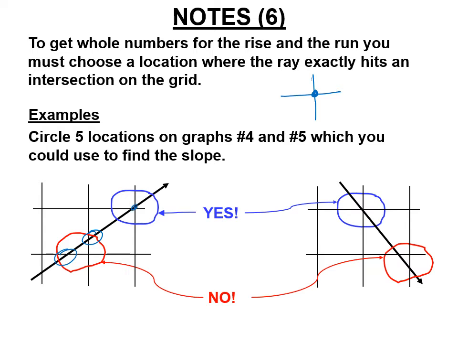We're looking for where our ray hits an intersection. That's where we can draw the vertices of our right triangle, our ramp. Now later in the class, we'll have ones that go down, right? That's a good intersection. Here we're missing. So we're now going to go back to 4 and 5 and see that again.